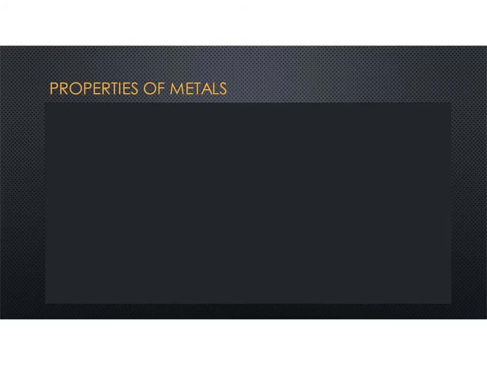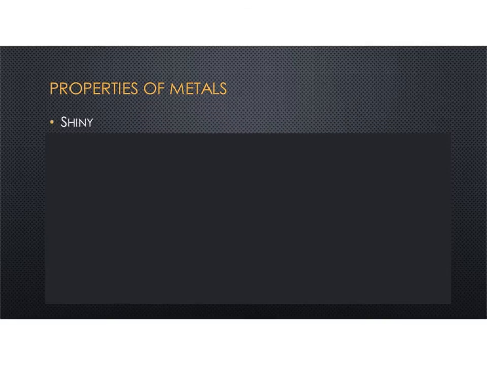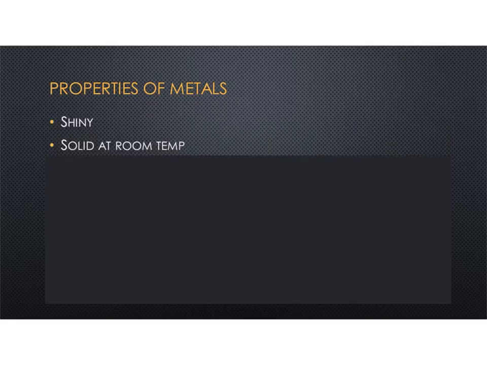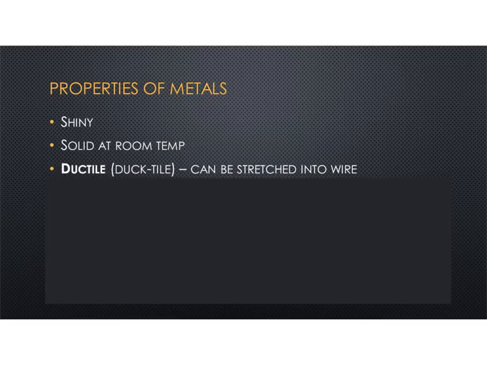So what is a metal versus a nonmetal versus what is a metalloid? We need to understand the properties of a metal to understand what really a metal is, because a lot of people are really surprised at how many of our elements are metals. So metals are shiny, solid at room temperature, ductile, which means they can be stretched into wires.